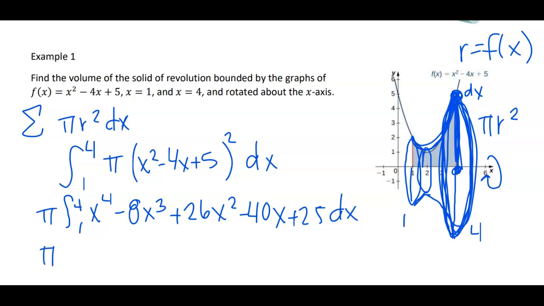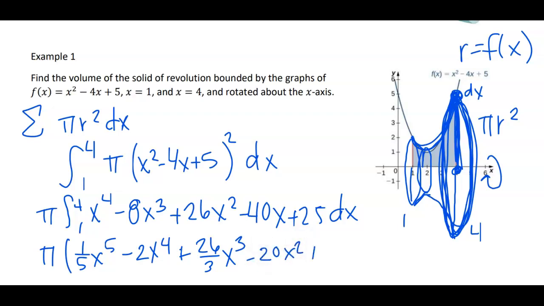That means I'm going to have pi times 1/5 x to the 5th minus 2x to the 4th plus, unfortunately, 26 isn't divisible by 3, so 26 thirds x cubed minus 20x squared plus 25x, and I'm evaluating that from x equals 1 to 4.